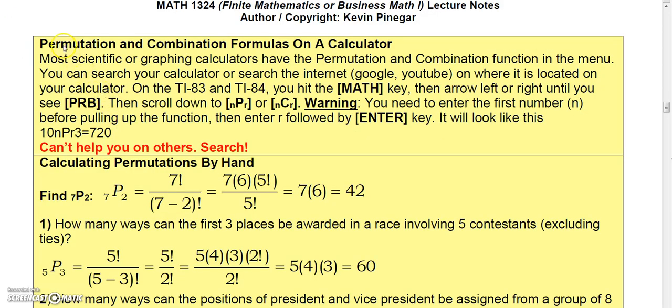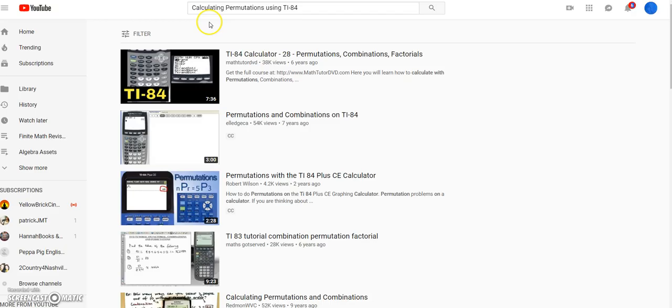Now, here it kind of shows you how to do the permutation and combination formulas on a calculator, but since I've got you here, I'll just show you again how you can search YouTube for the result. Notice what I typed into the search dialog for YouTube: calculating permutations using the TI-84.